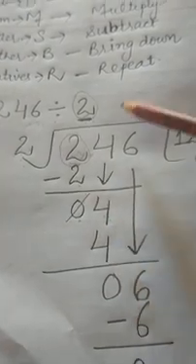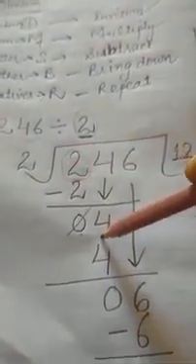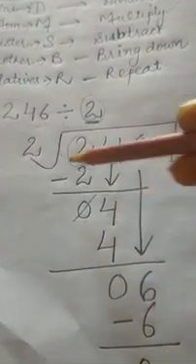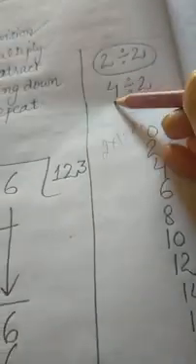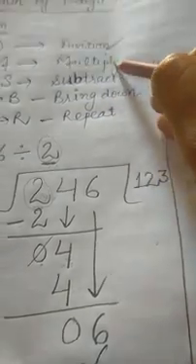Now repeat. Repeat means the whole process we will do again. First step is division, means we will divide 4 by 2. Next is multiplication.